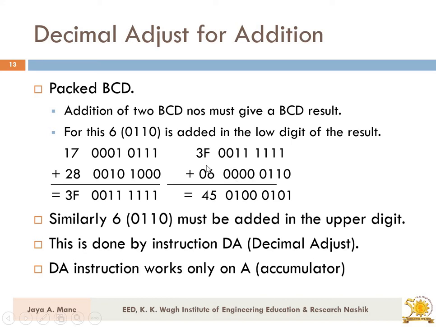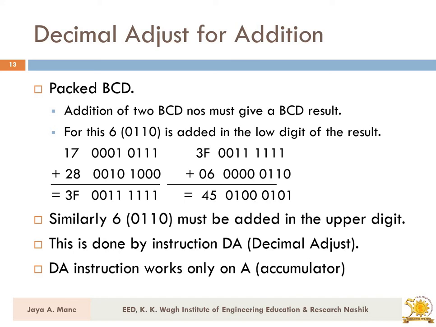So that addition is done. If suppose we had got the number as F3, the lower nibble would have been binary coded decimal, but F is in the upper nibble, so we have to add 6 to the upper nibble. Correct? So the number added will be 6 only, but whether you add it to the upper nibble or the lower nibble depends on the result which you have got.